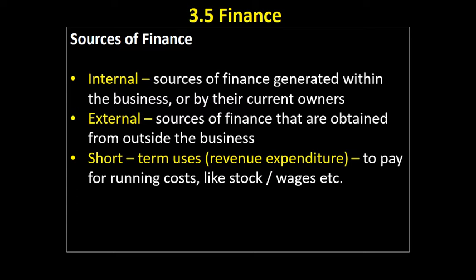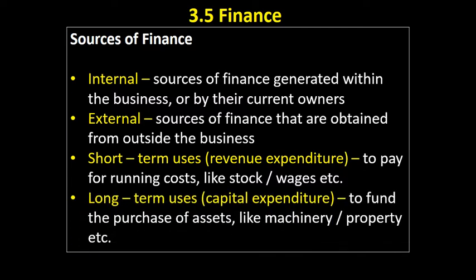So if we had to put a timescale on it, I would say that short-term sources of finance are to be used up within 1 year. Long-term sources of finance are sources of finance that will be used to generate income for the business for over a year's time. So these will be in the business for more than a year, and we could call this capital expenditure.